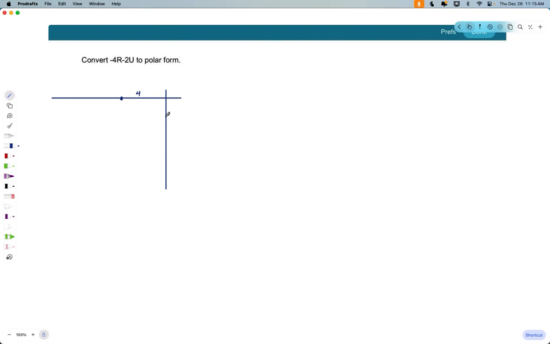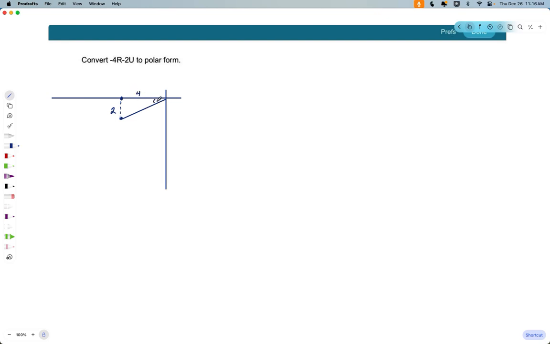And then 1, 2, so right about here. That's our vector. So over 4 down 2, because it's -4, so it's to the left. It's the opposite of right to the left, and the opposite of up is down. So over 4 down 2, left 4 down 2.